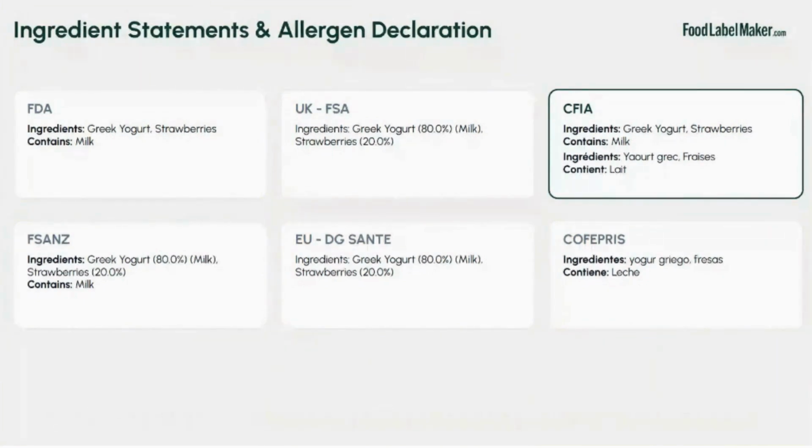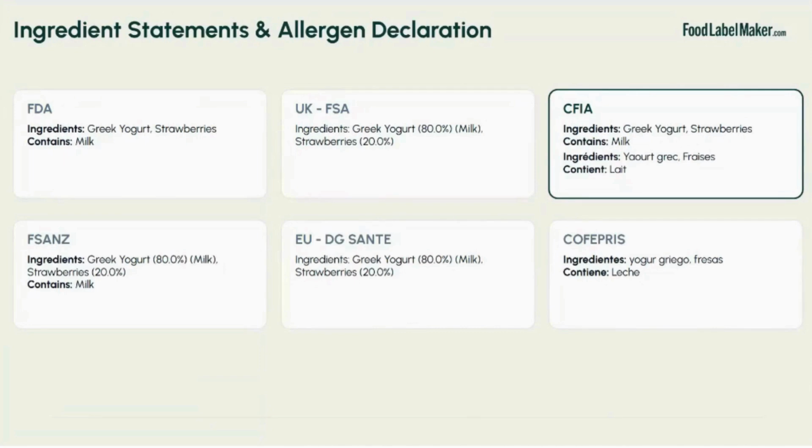Okay, now that we've covered the allergens, let's take a look at the ingredient statements. While all markets require ingredients to be listed in descending order by weight, of course, there are some key differences. So, for EU, UK, Australia, and New Zealand, these countries require the percentage declaration for certain key ingredients.